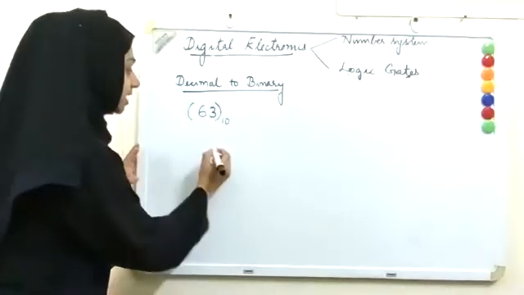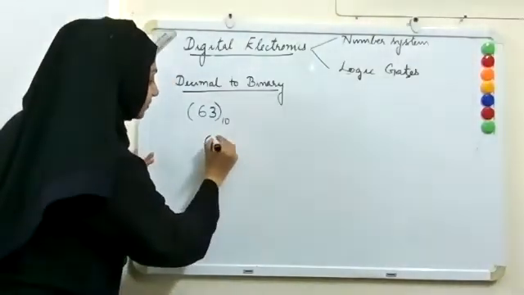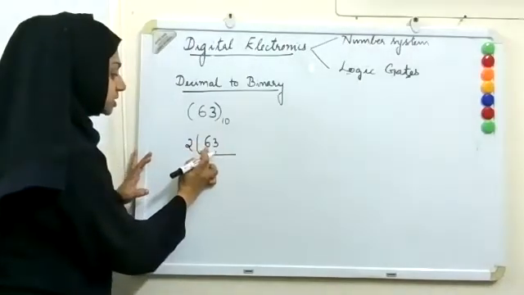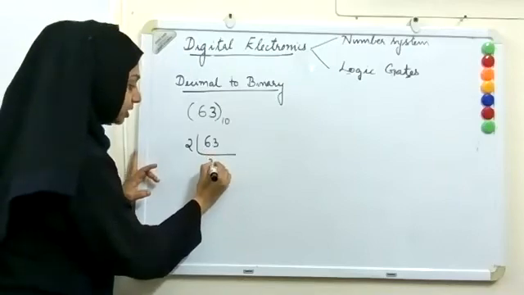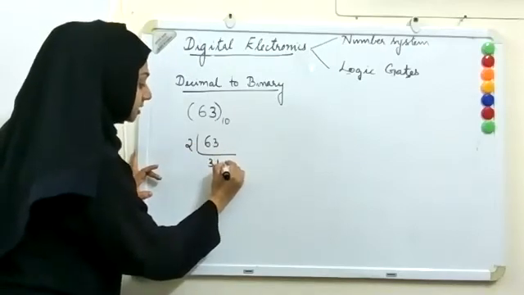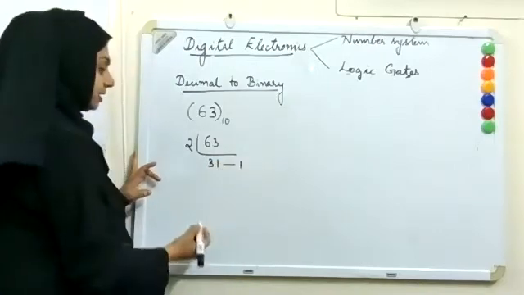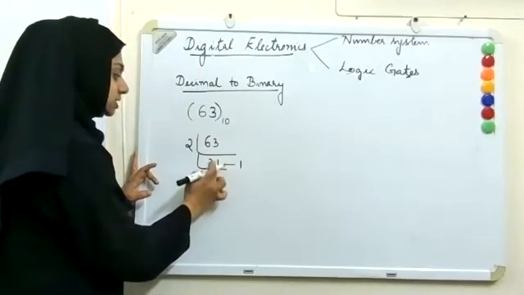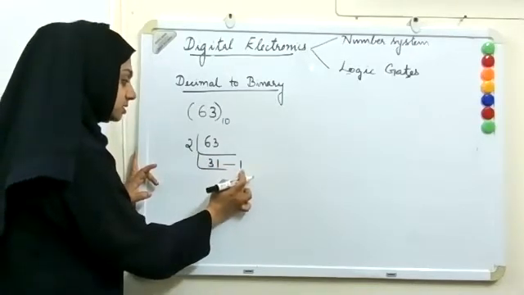So let us do that. 63 divided by 2 gives 31 and the remainder is 1. You write the remainder here.